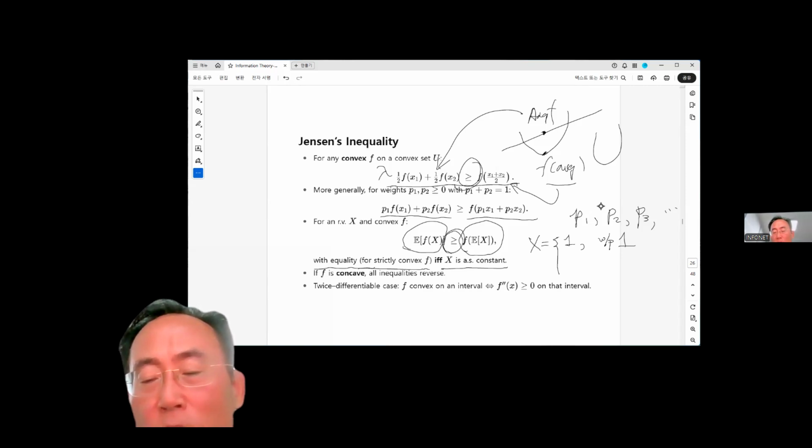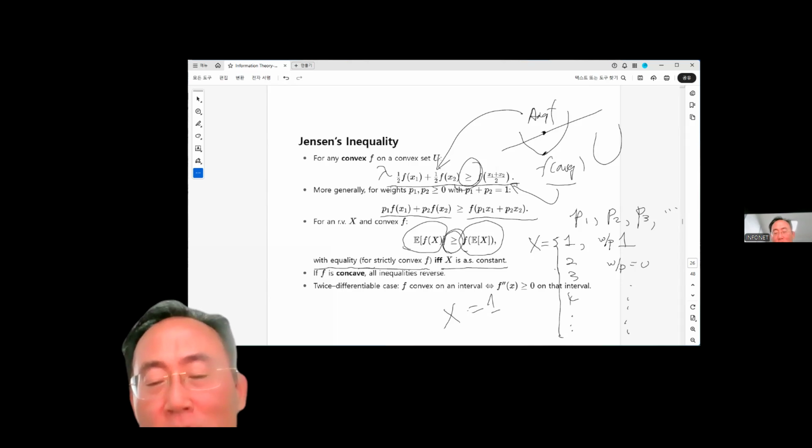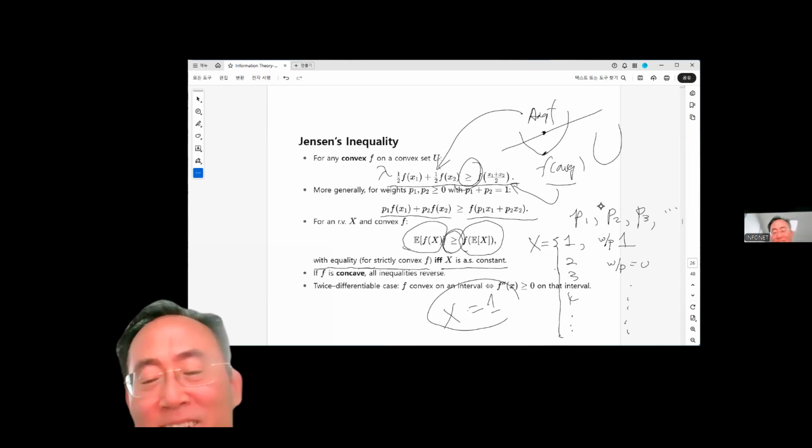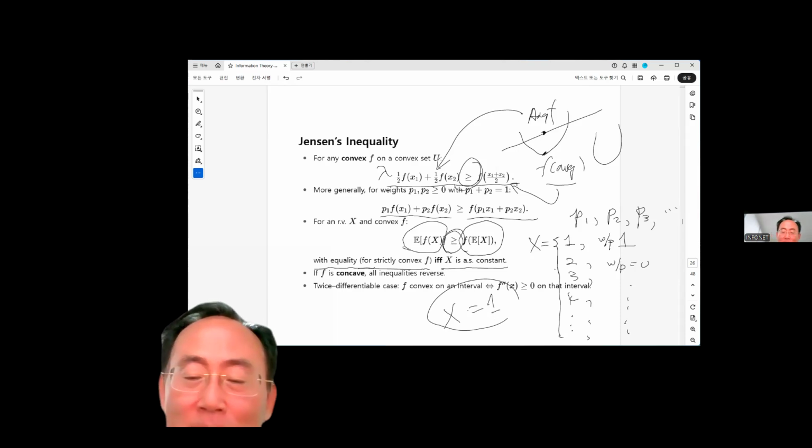Or any other value. Let's say 2, 3, 4, all the others with the probability 0. You can design x is equal to 1, so effectively it is a constant because no probability is assigned to any other value of x, right?